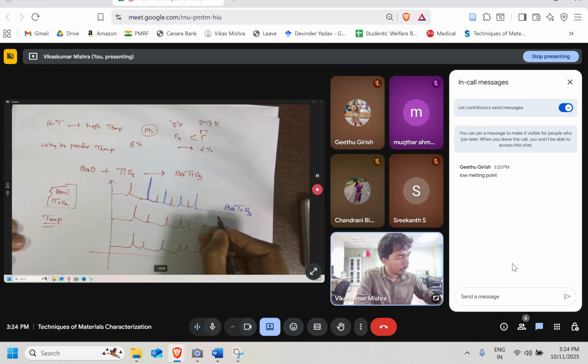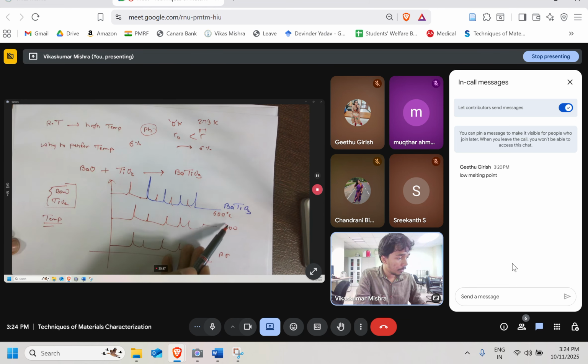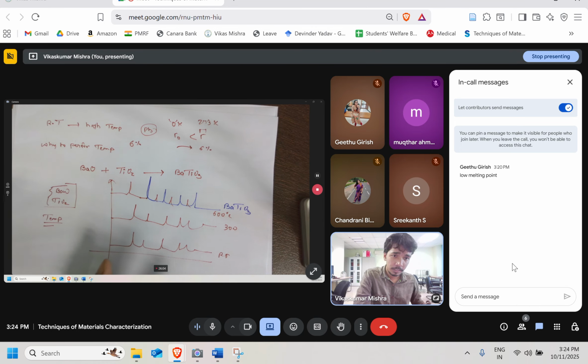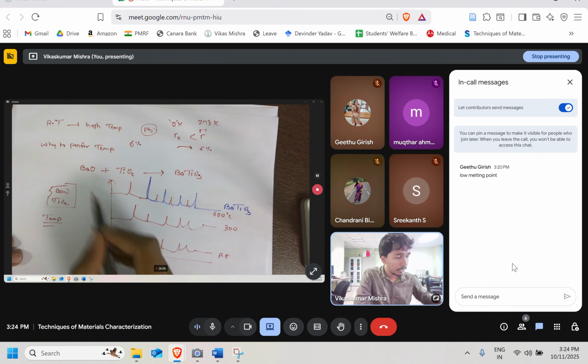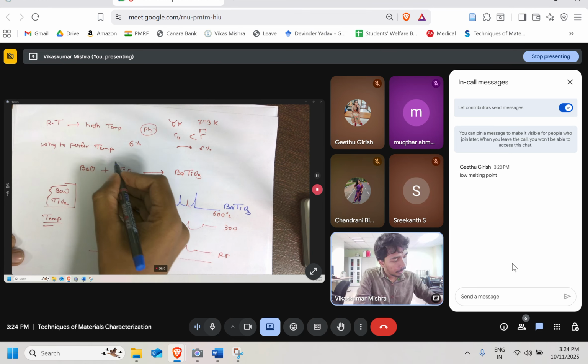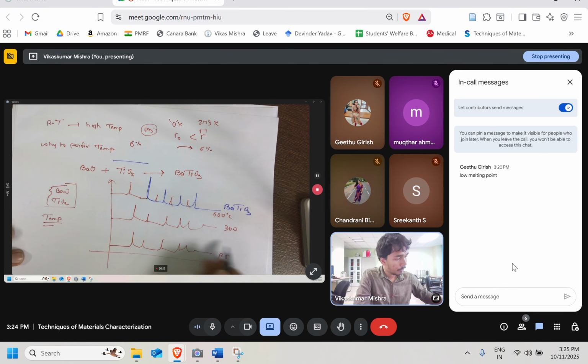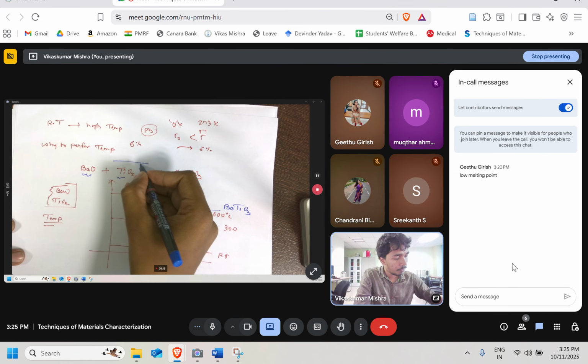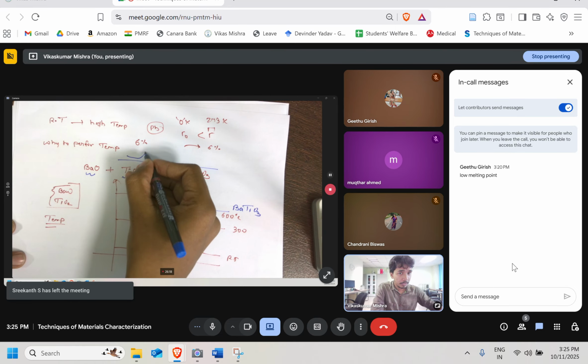Let's say this is at 600. I'm not thorough with the numbers, like at what temperature it's going to transform, but all we should remember right now is that after a while it is going to transform. Maybe at an even higher temperature, the entire peaks of the red one, which were of BaO and TiO2, will disappear, and what we will get is something like this.